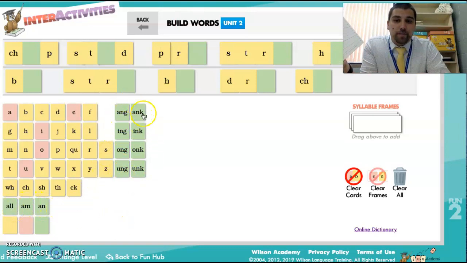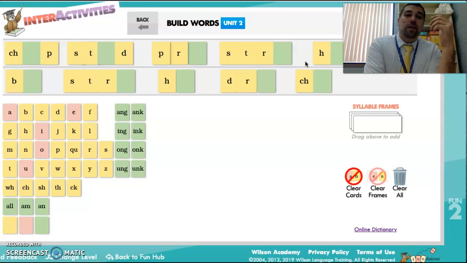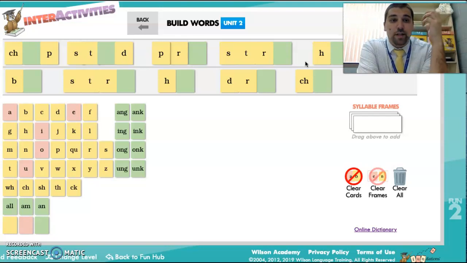All right. So all of these in green, and you're going to notice I have a bunch of words up here, but they're missing the glued sound. So what I'm going to do is for today, we're going to write some of these words and try to figure out what is the glued sound that's missing.